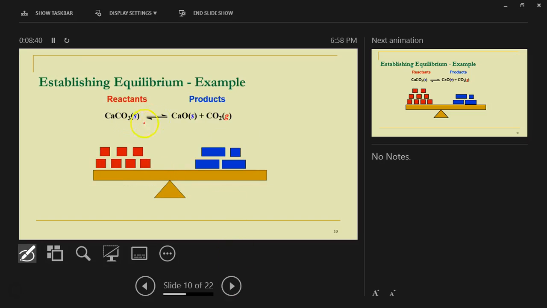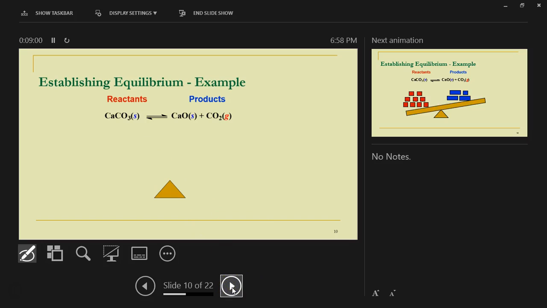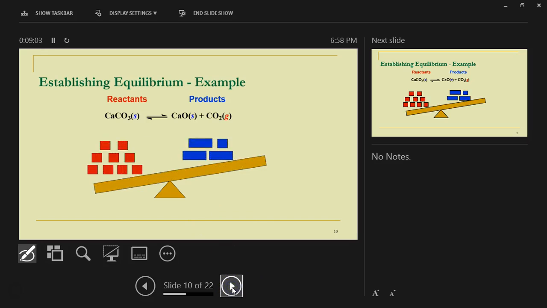So let's give it a try. We've got some reactants yielding products here. We've got some calcium carbonate, and it's yielding calcium oxide and carbon dioxide. And they're going to change the concentration. They're going to add some more reactants. Well, if you add more reactants, then this balance is going to be out of equilibrium.